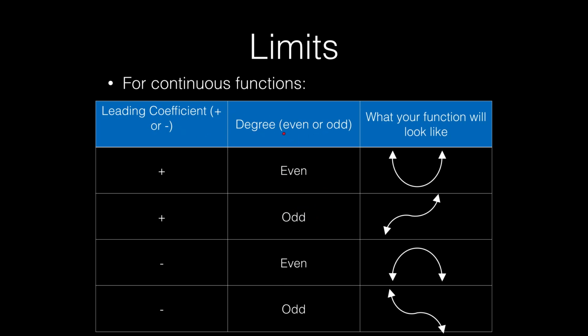If your degree is even and your coefficient is positive, you get something like this, much like the graph of y equals x squared. Again, it won't look exactly like this, but in general that's what the shape should look like. If it's positive and odd, it's going to be like this, much like the function y equals x cubed.